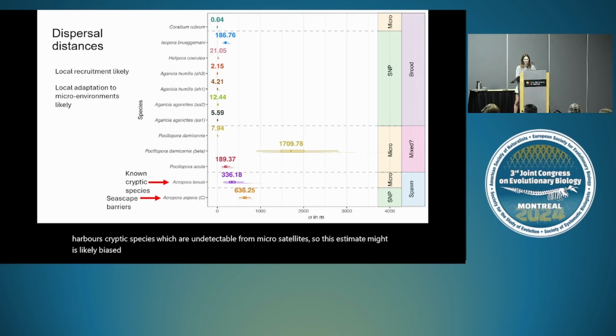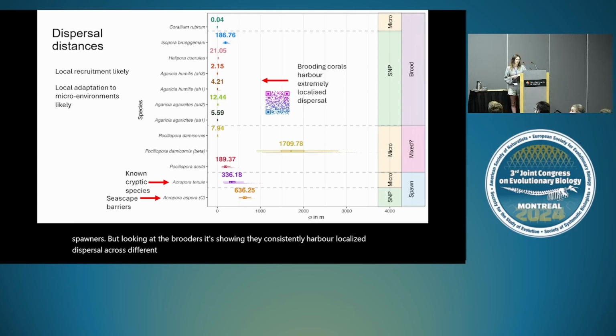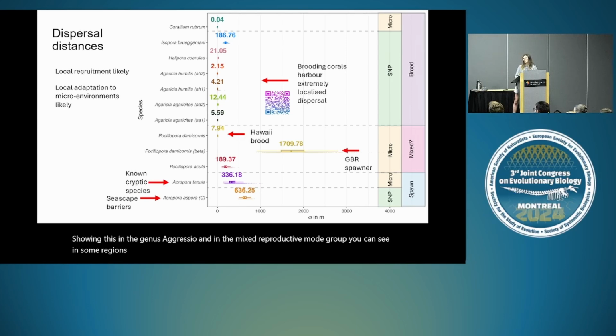We don't have enough estimates to make generalisations about spawners, but looking at the brooders, they consistently harbour localised dispersal across different species and different regions. I have a recent paper on that QR code showing this in the genus Agaricia. In the mixed reproductive mode group, you can see in some regions that they likely brood, and in some they may spawn more often.